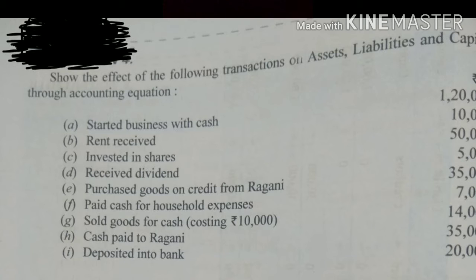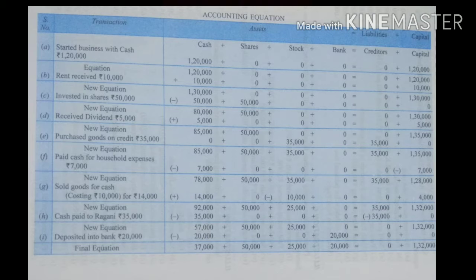It means you have to create an accounting equation for each transaction. With the help of each given transaction, we are making the columns: serial number, transaction meaning the detail of transactions, and assets equal to liability plus capital.